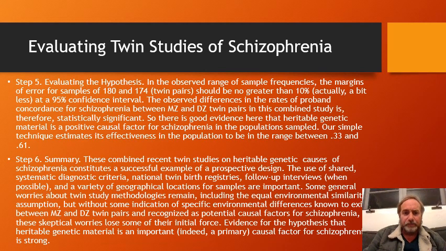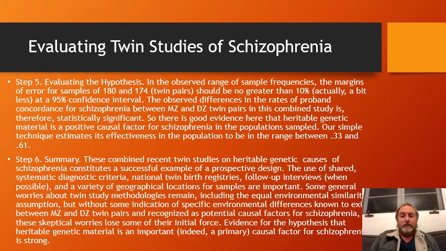Okay, so summary. What do we think? This is a combined study, so it's 5 different twin studies all combined, and given step 5, our evaluation, it's definitely statistically significant and appears to be fairly effective. And so we can say it's a good example of a prospective design. The diagnostic criteria were objective, follow-up interviews were used where possible, and they used a decent variety of geographical locations.